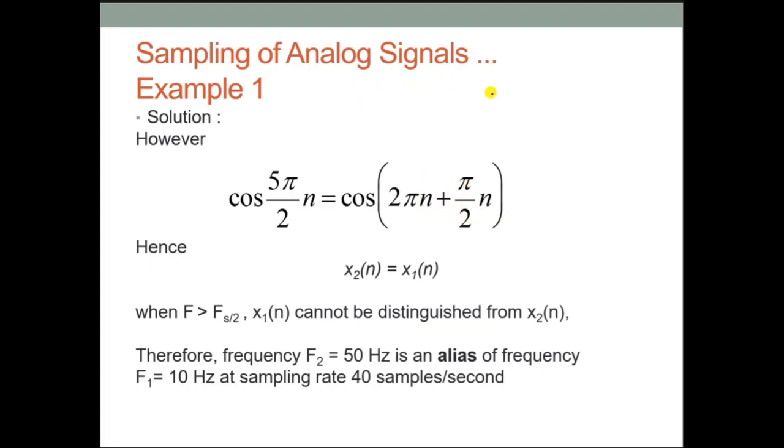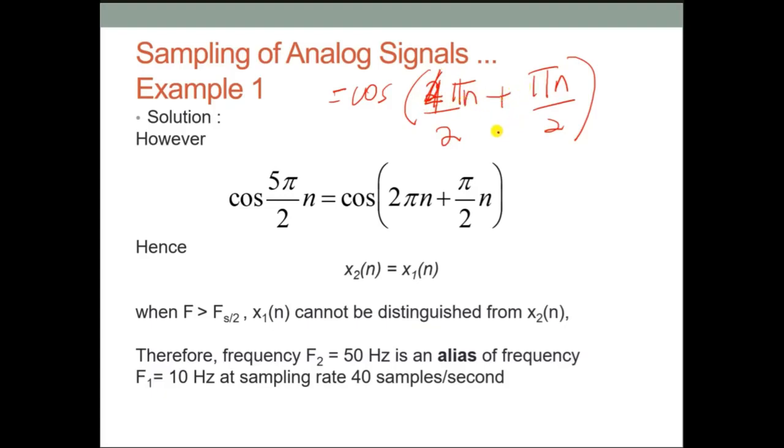So how is this rewritten? This is cos 5 pi over 2 n equals cos 4 pi n over 2 plus pi n over 2.